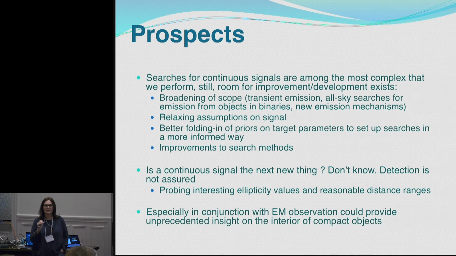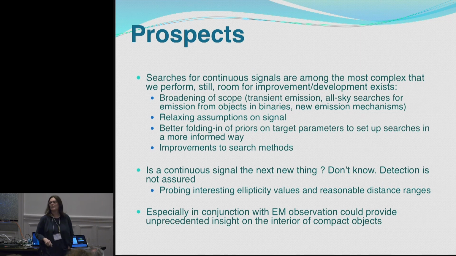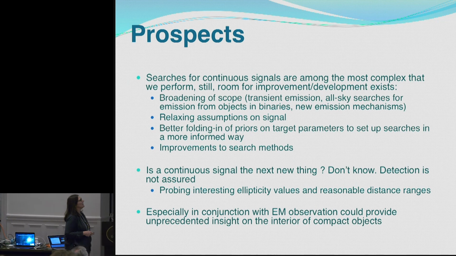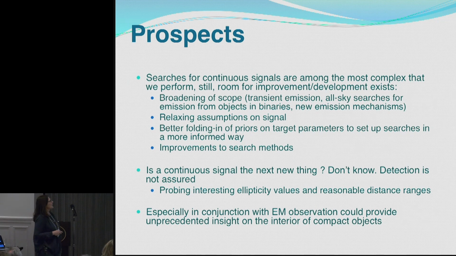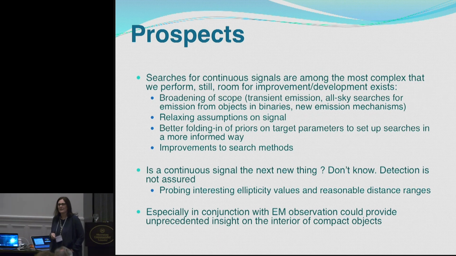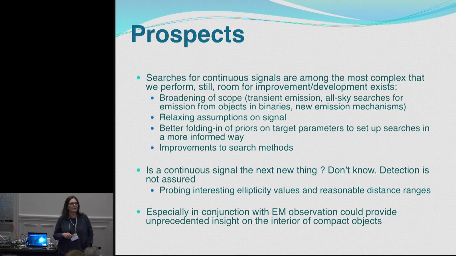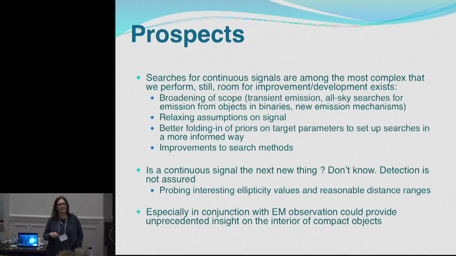So actually, since we're at a factor of 10 worse, I think there's still room for some improvement. And for broadening the scope of the searches, for example, relaxing the assumption of the signals, but also looking at searches that might target different emission than the vanilla type of emission that we've looked at.